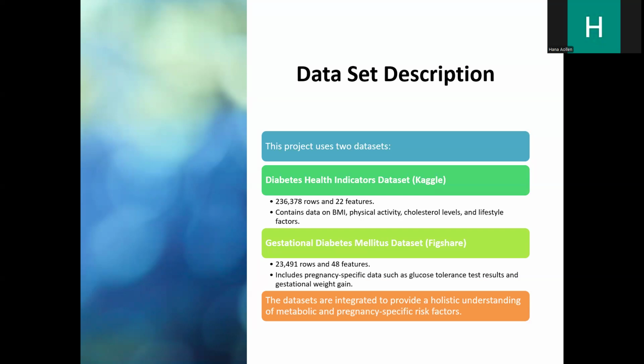The second is the Gestational Diabetes Mellitus dataset from Figshare, which has 23,491 rows and 48 features, including pregnancy-specific data such as glucose tolerance test result and gestational weight gain. The datasets are integrated to provide a holistic understanding of metabolic and pregnancy-specific risk factors.